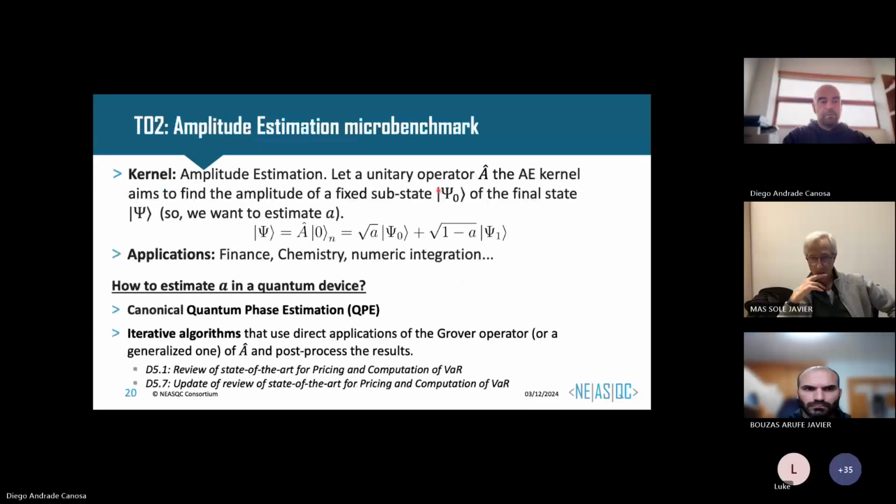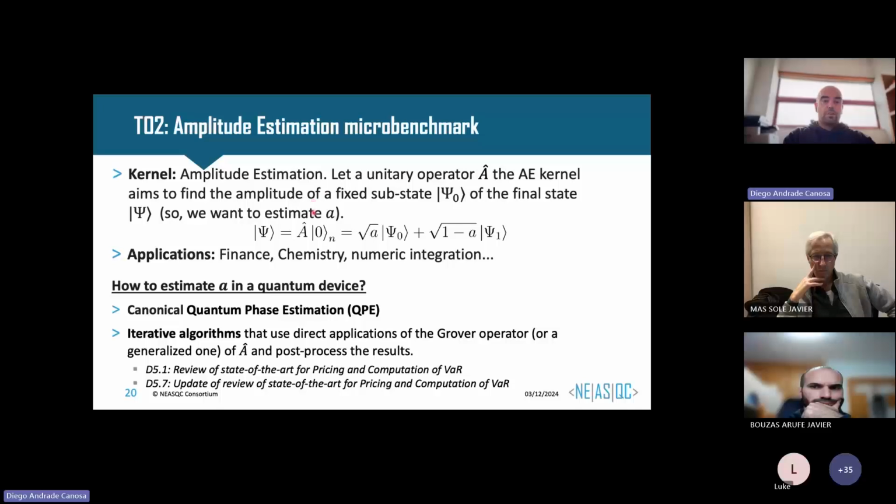So moving forward to the next benchmark case, this is the amplitude estimation micro benchmark. In this case, the idea is that we are going to build a unitary operator A of the amplitude estimation kernel, and we want to find the amplitude of a fixed substate psi 0 of interest that we are going to call the good state.